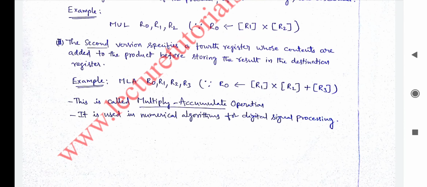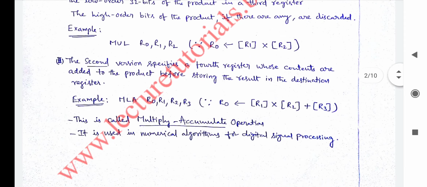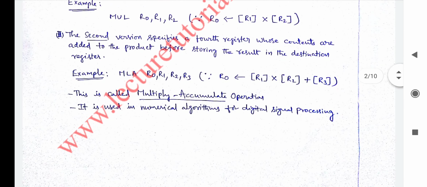The destination register is R0, and the operation is R1 into R2 plus R3. Multiplication arithmetic, multiply accumulate operation, MLA.